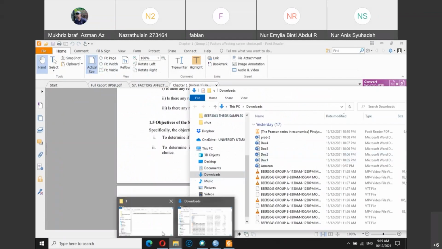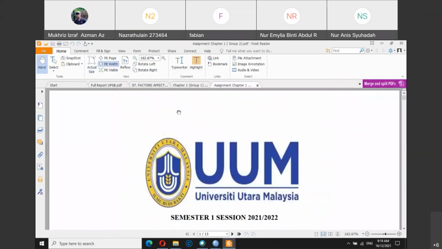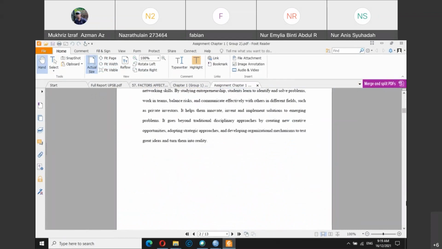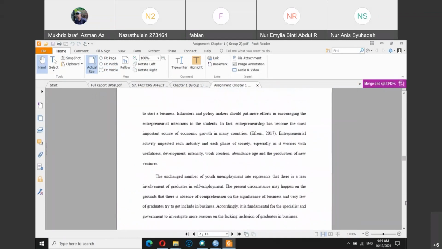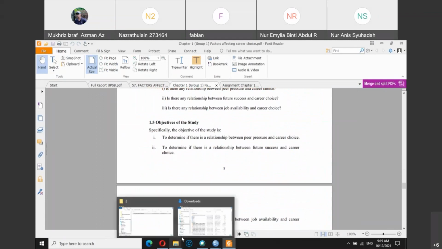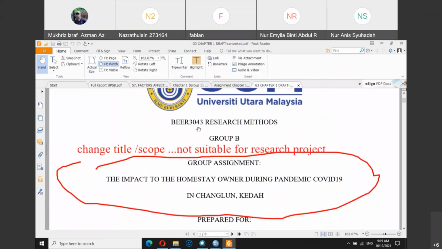For group number 2, I think you are changing your topic once again, but just as an example, even though you will change your topic, most of the groups construct their research questions in a similar format or manner.